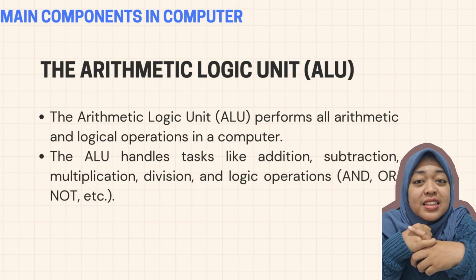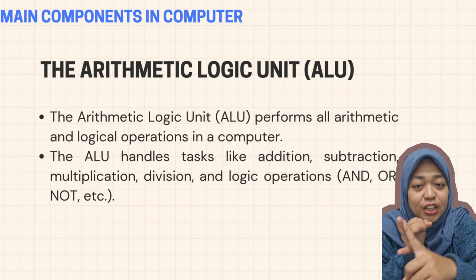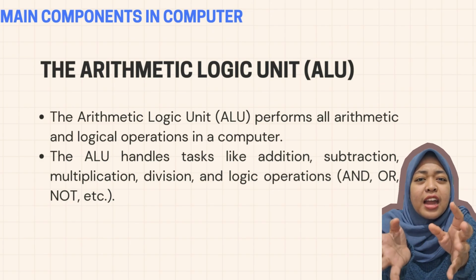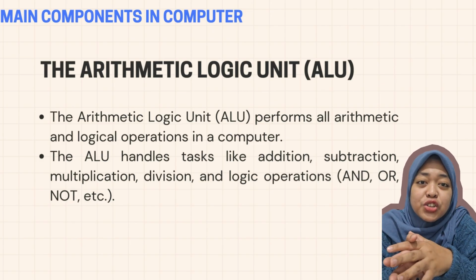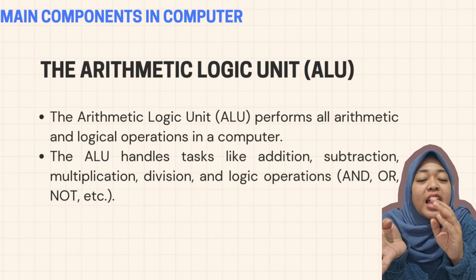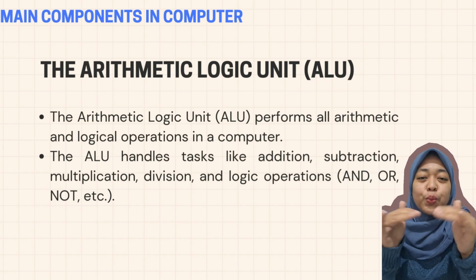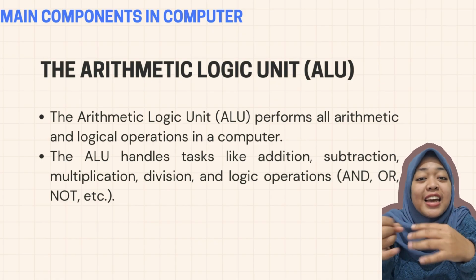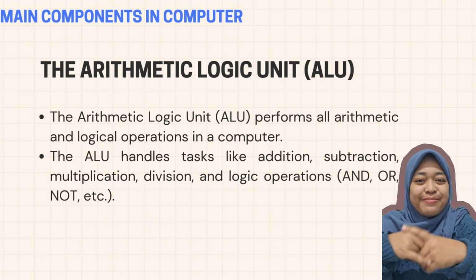These include tasks like addition, subtraction, multiplication, and division. It also handles logic operations such as AND, OR, and NOT. In short, whenever the computer needs to calculate or make a decision, the ALU does the job.